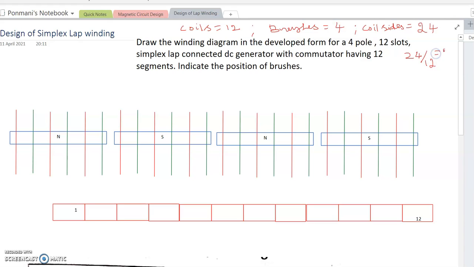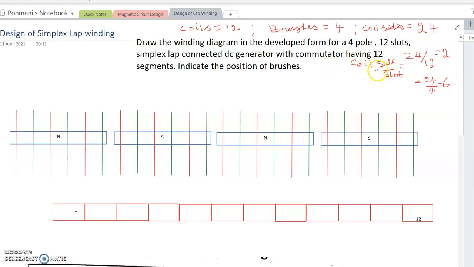So it is 2. So coil sides per slot is equal to 2. And coil sides per pole: coil sides per pole is 24 by 4, which is 6.